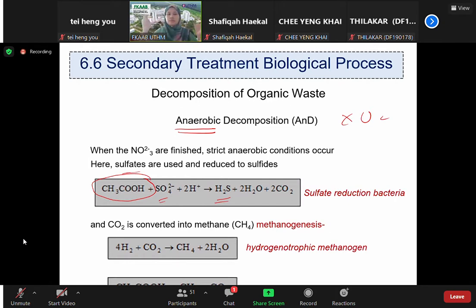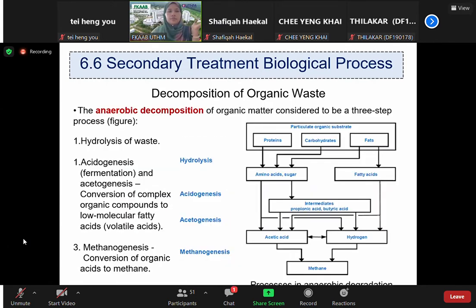In here, we will do it in the anaerobic digester. Kita tutup without oxygen entering, right? So in this process, we have a big wastewater treatment plant in Kuala Lumpur having this kind of process where they can capture the biogas. So the biogas can be used as an energy to generate electricity.